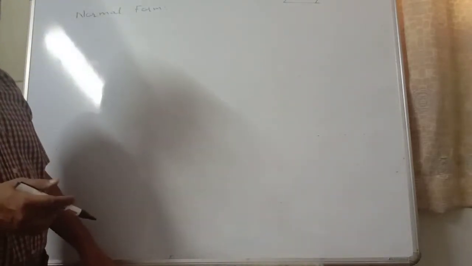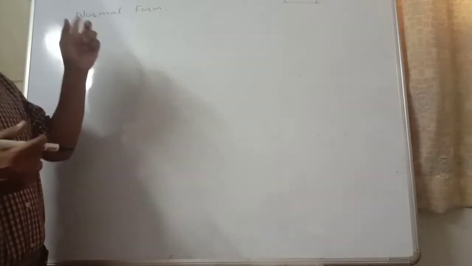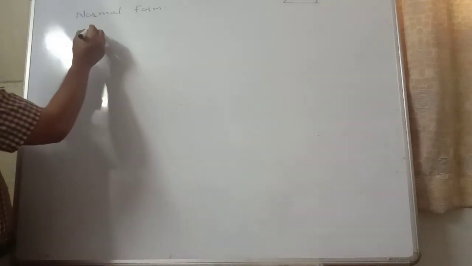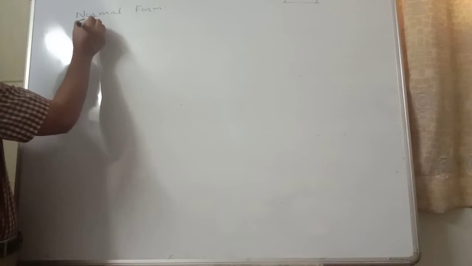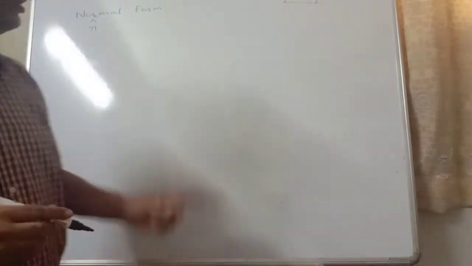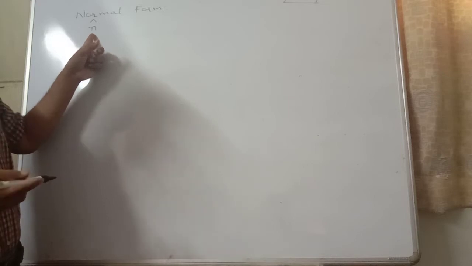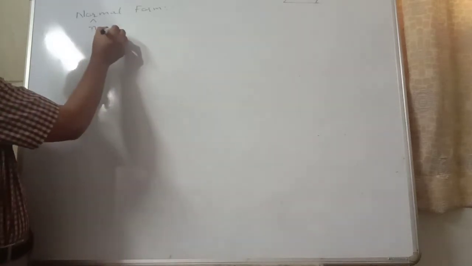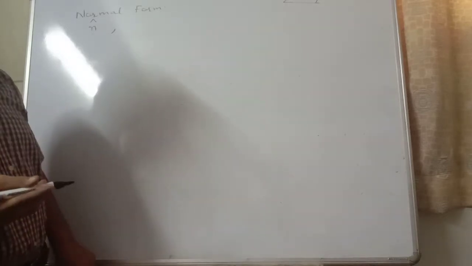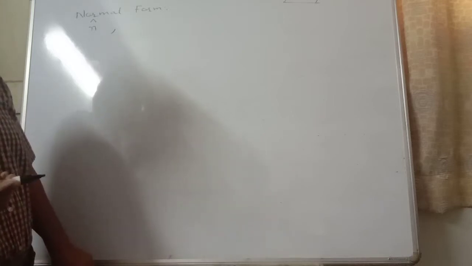If we know the unit vector normal to the plane, the unit vector normal to the plane is usually denoted by n cap. So if we know the unit vector normal to the plane and the perpendicular distance of the plane from the origin, then we can write the equation of the plane in vector form.